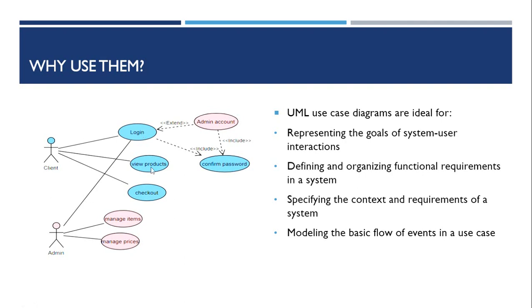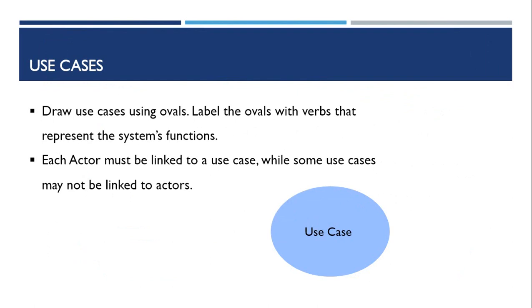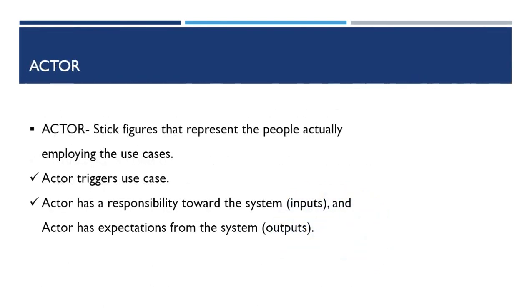These are all verbs that are used to represent the use case. Each actor must be linked to a use case, while some use cases may not be linked to actors. That is, every actor is linked to a use case, but every use case does not need an actor to be linked.